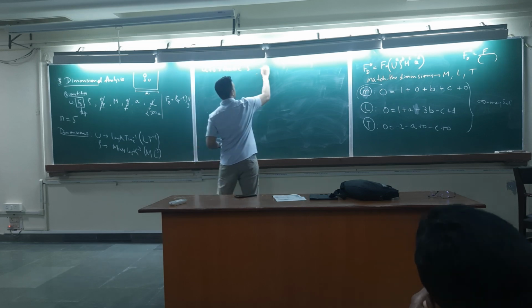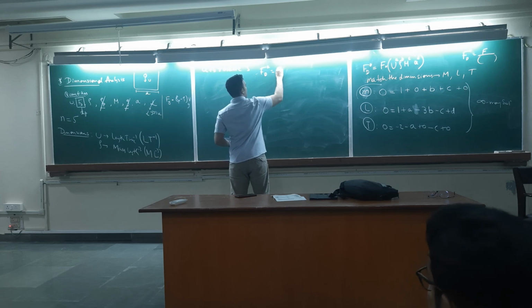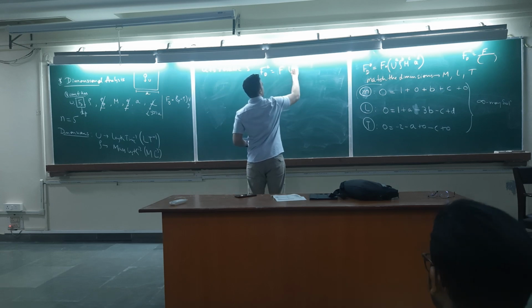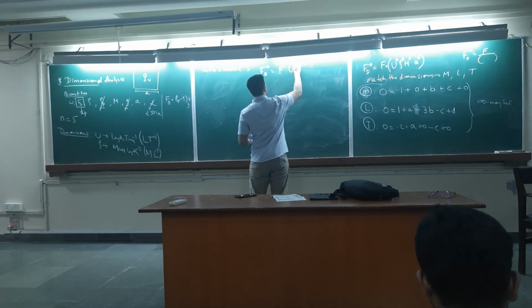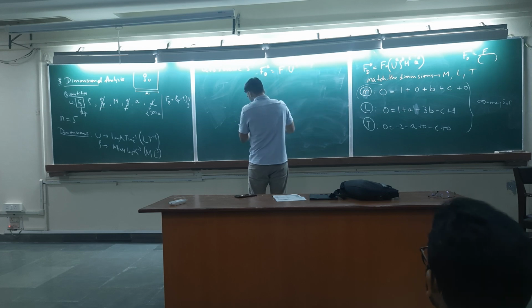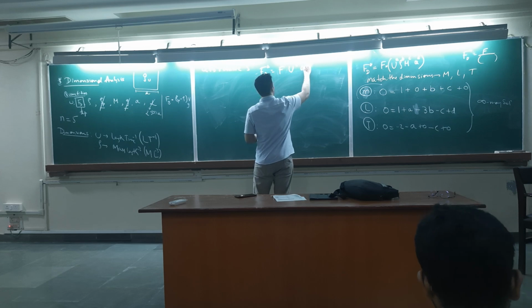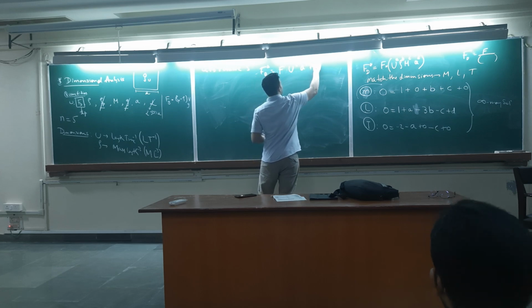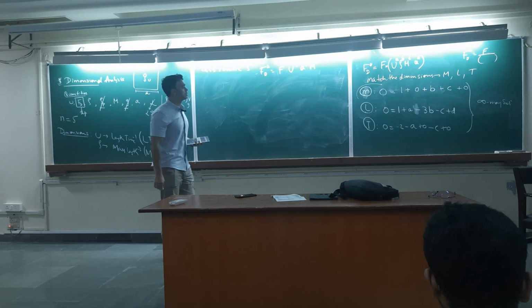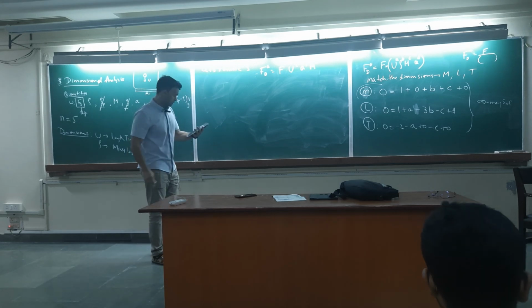So your FD star is F multiplied by U to the power I, A to the power J, mu to the power K. I'm just going by my notes so that I don't make mistakes. Doesn't really matter. Just so that I don't waste time making mistakes.